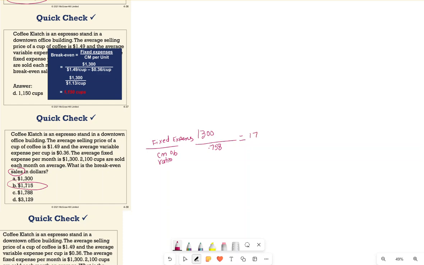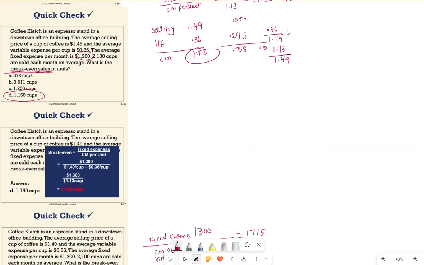My sales have to be $1,715, or you could take your break even sales, which was 1,150, multiply by the selling price, which is $1.49, and that will also give you 1,715.